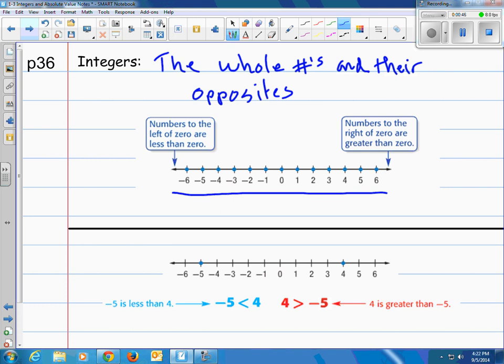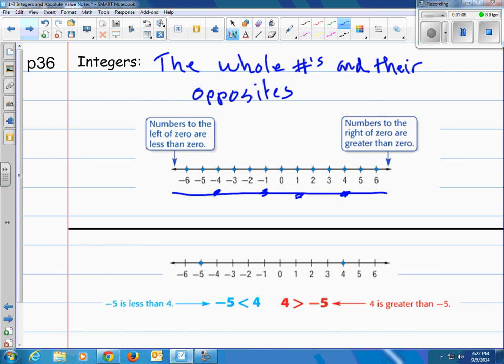Again, integers don't have any parts to them. There's no decimal parts to them. There's no fractions. So if you look, there's one. One is an integer, just like -1 is an integer, just like -4 is an integer, just like 4 is an integer. Again, it's the whole numbers and their opposites.